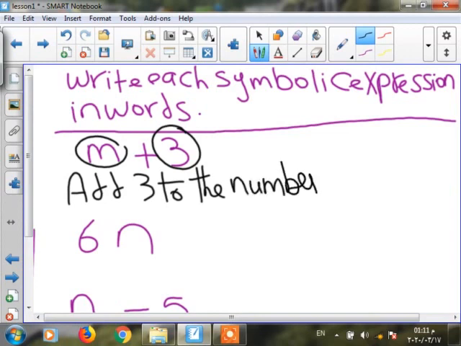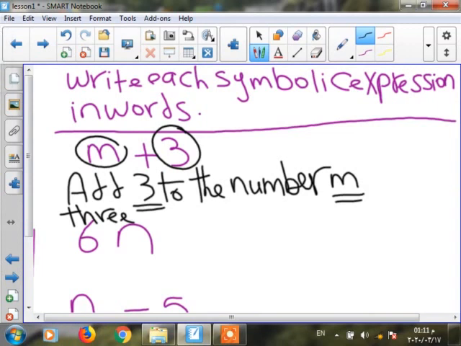I will add number 3 to the number n. Or by another way, what is this number? This number is 3. We said plus means increase. Bravo.